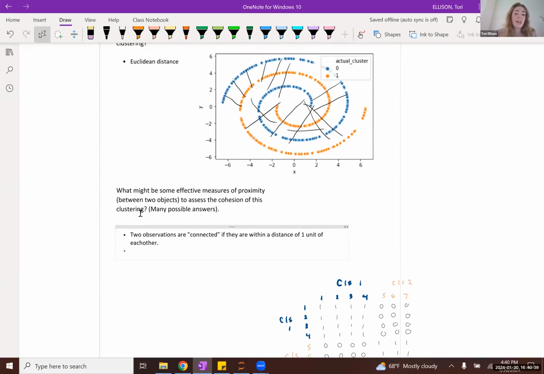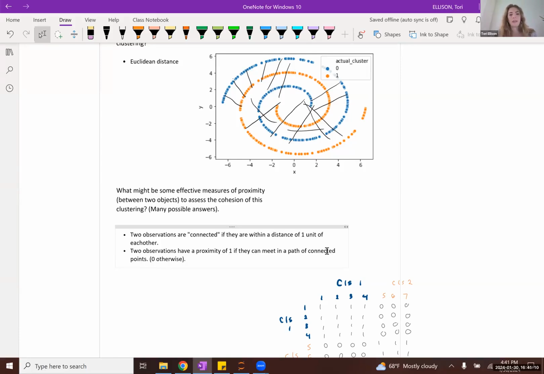And we might say 2 observations have a proximity of 1 if they can meet in a path of connected observations, and 0 otherwise.